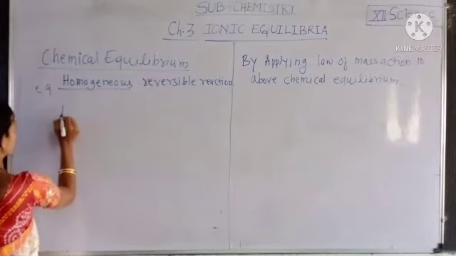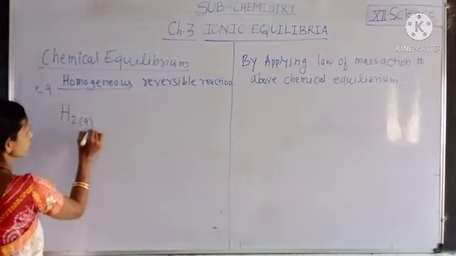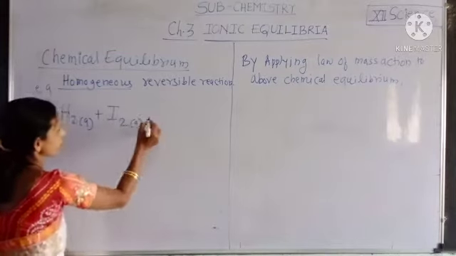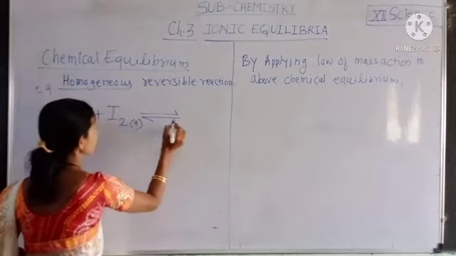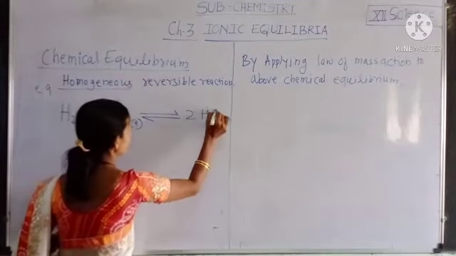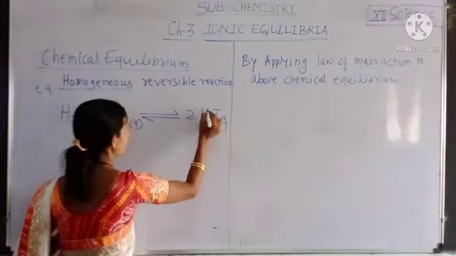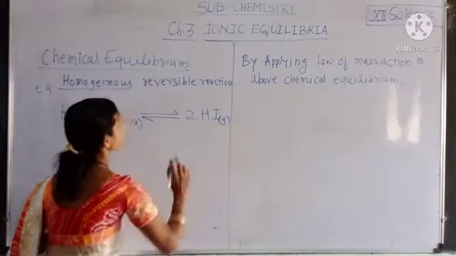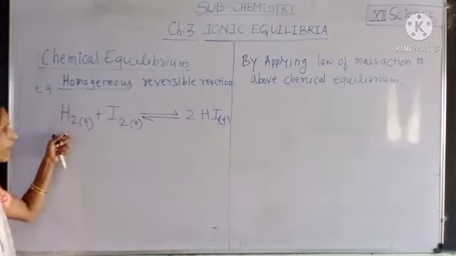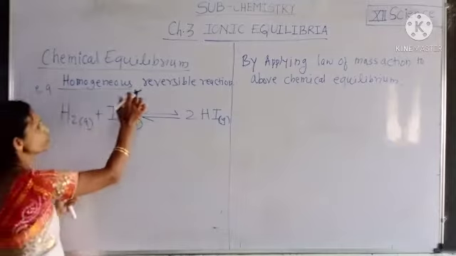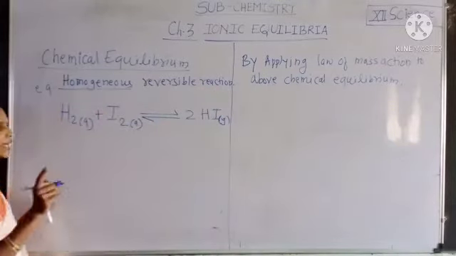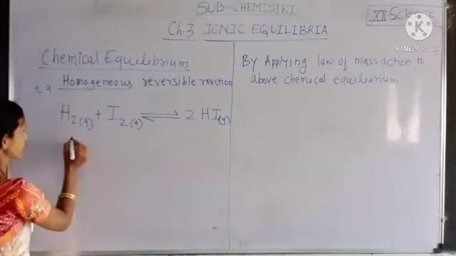That is, H2 gas combines with vapors of iodine to give gaseous hydrogen iodide. And see here, it is a homogeneous reversible reaction to which we can apply the law of mass action.